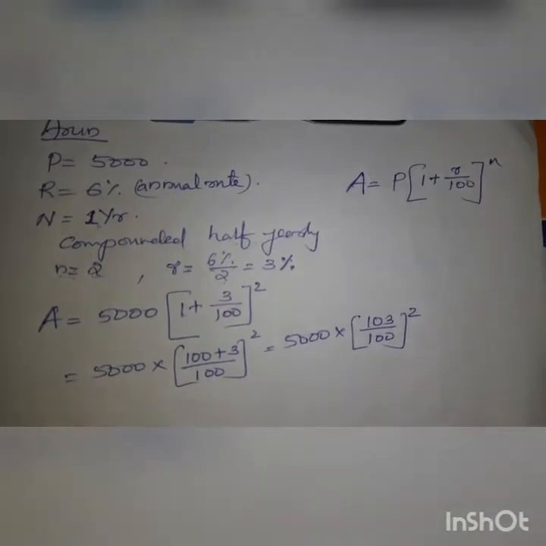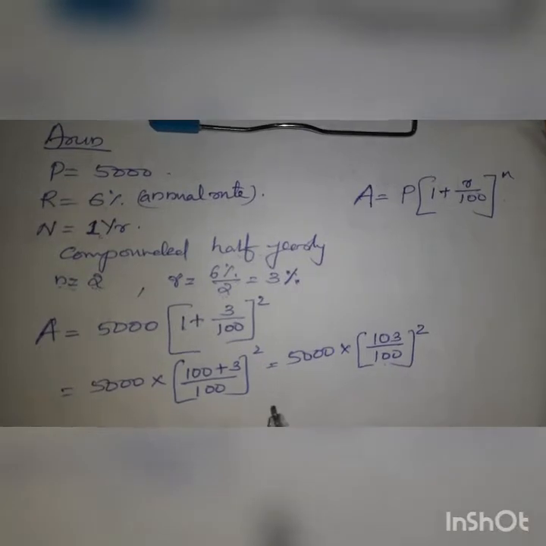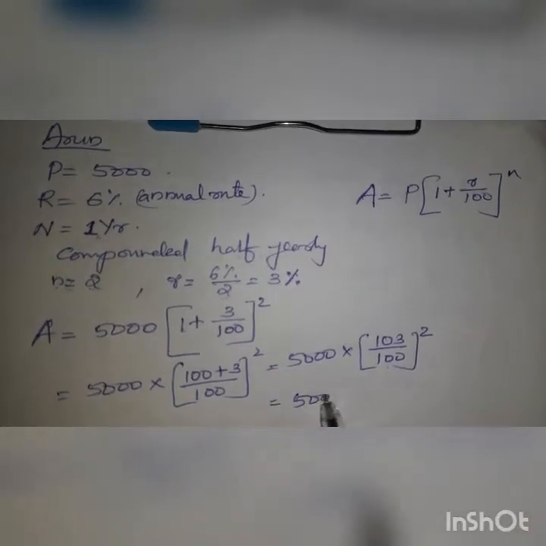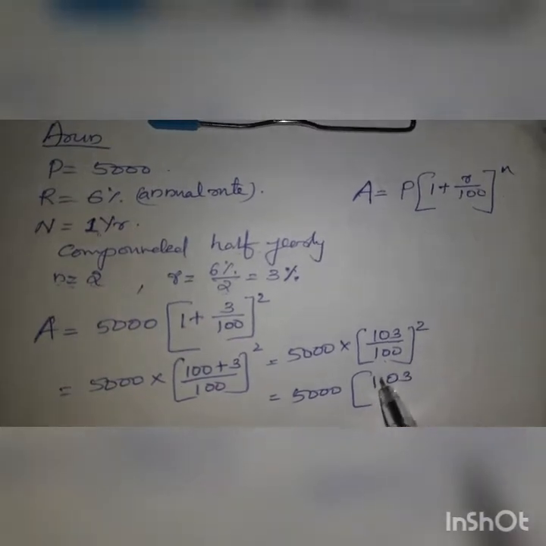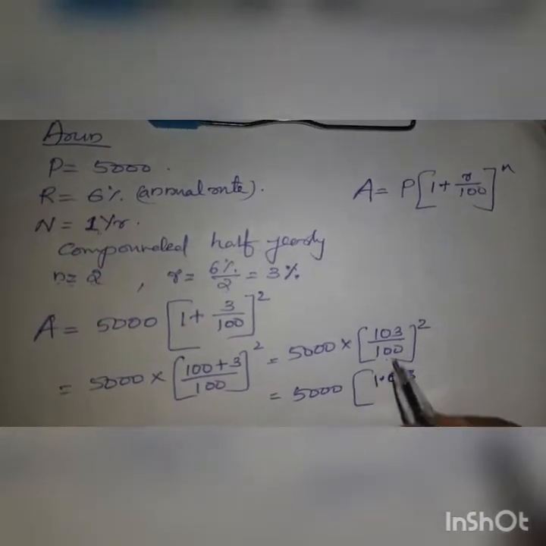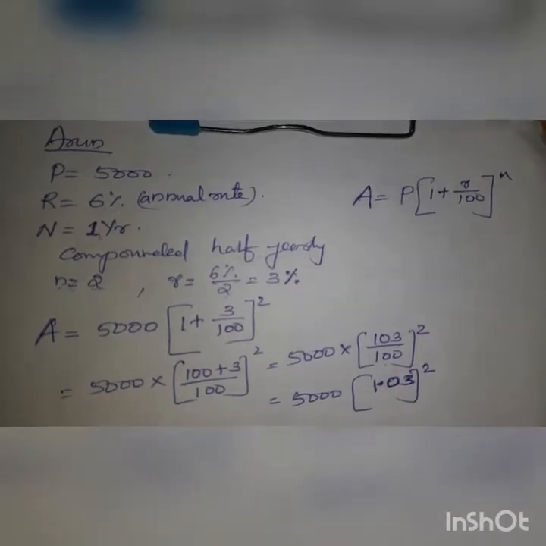103 by 100 we can write as 1.03. So 5,000 into 1.03 raised to 2.